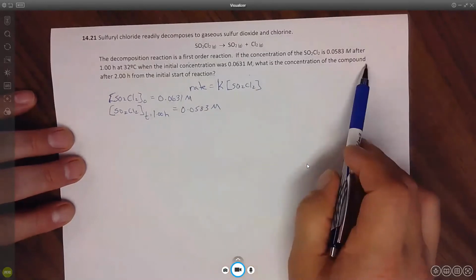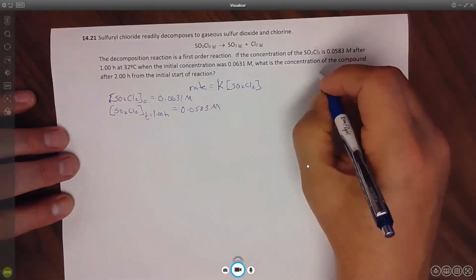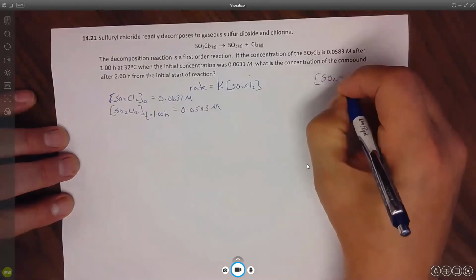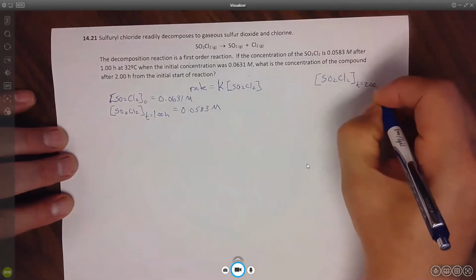What is the concentration after 2 hours? So it's basically asking us what is the concentration of sulfuryl chloride after 2 hours.